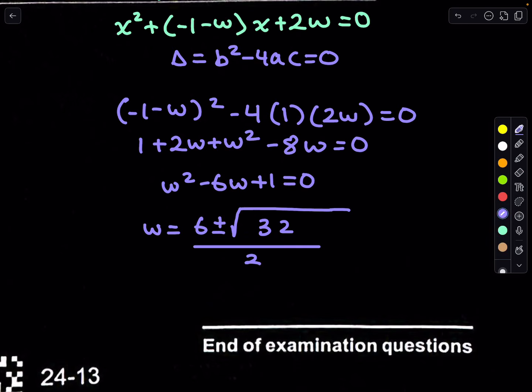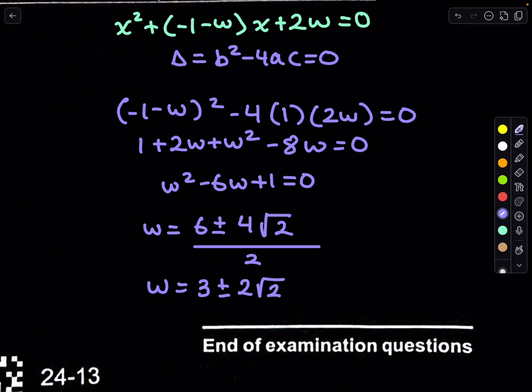The square root of 32 you can write as 4 root 2. And you can simplify that because the 2 goes into 6 3 times, and the 2 goes into 4 2 times. So w equals 3 plus or minus 2 root 2. And that's it. Now, is that your final answer?